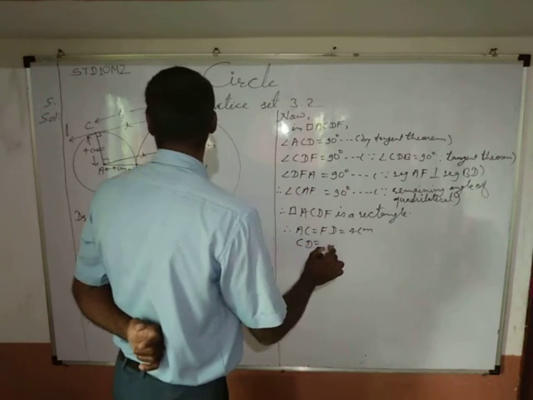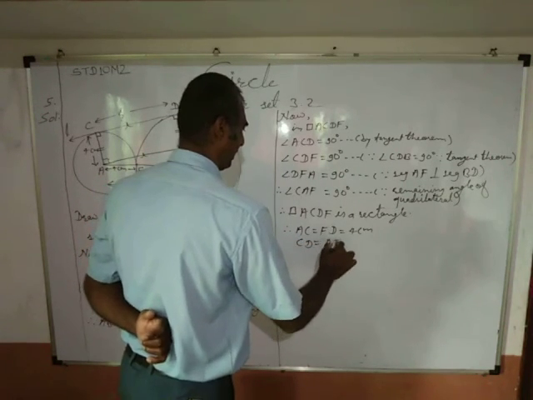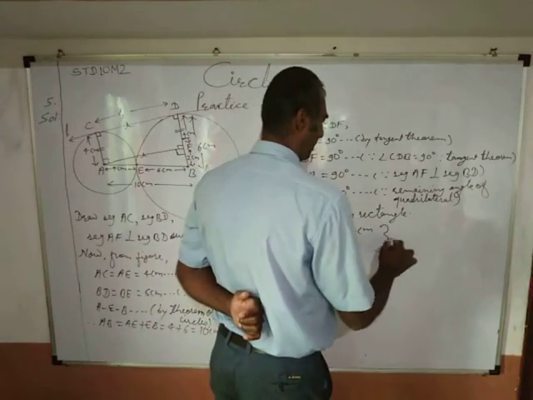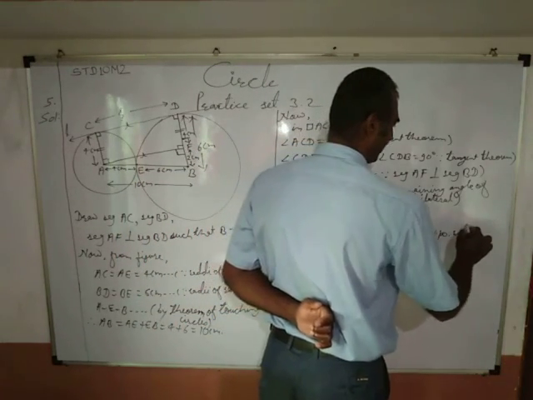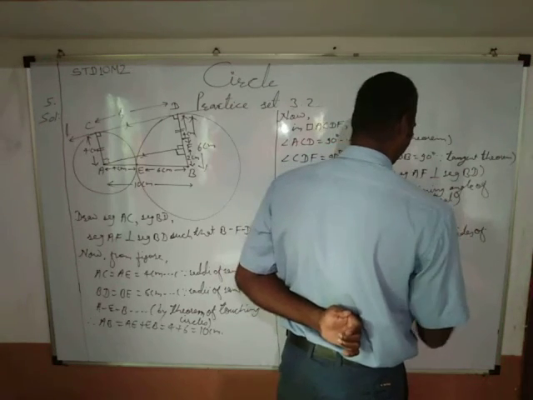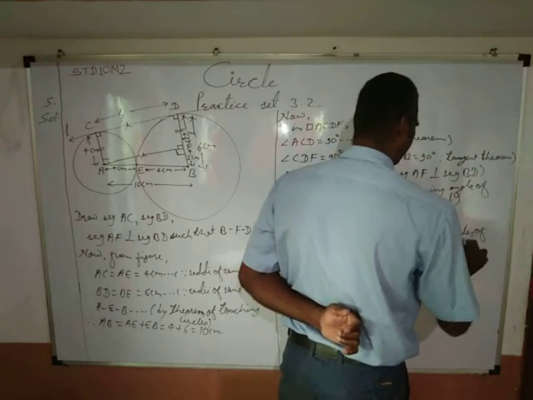and CD equals AF, since opposite sides of a rectangle.